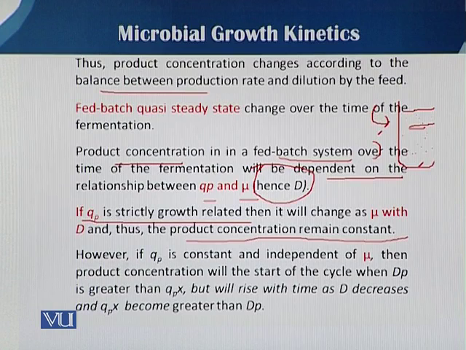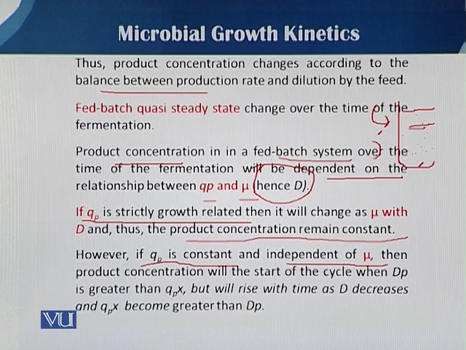In the same way, if the product concentration remains the same in fed batch quasi-steady state, we can say that qP is constant and independent of mu, the specific growth rate.